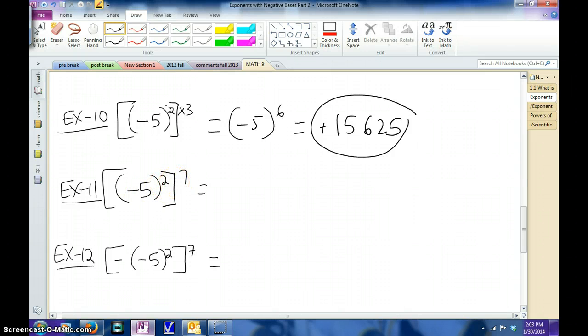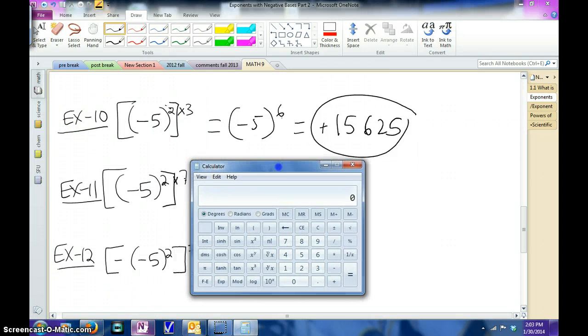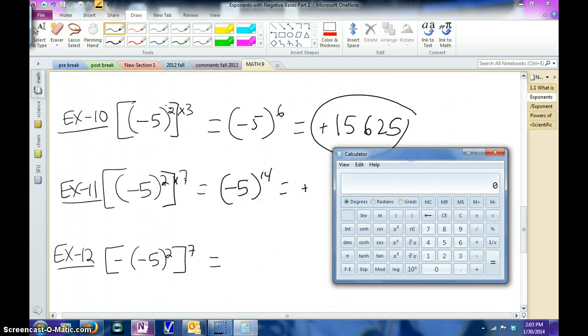How about this? Negative 5 squared to the power 7. What do you think? Is this going to be positive or negative? Take a guess. All right, let's see if your guess is right. You multiply a power to a power, and so you end up getting negative 5 to the power of 14. 14 is an even number. Even number means you're going to have a positive value. 5 to the power of 14. I'm not going to even pretend to know how to do that in my head.